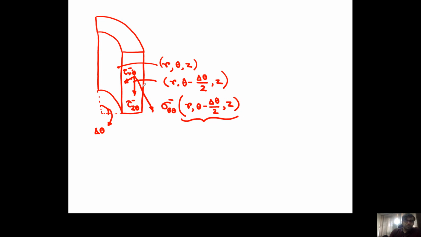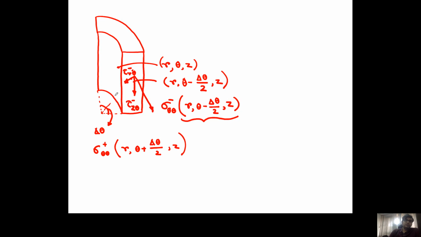What will happen on the positive side? It is difficult to show here, so I am just writing it down. On the positive side we will have sigma theta theta plus, and the point will be r, theta plus delta theta by 2, comma z.